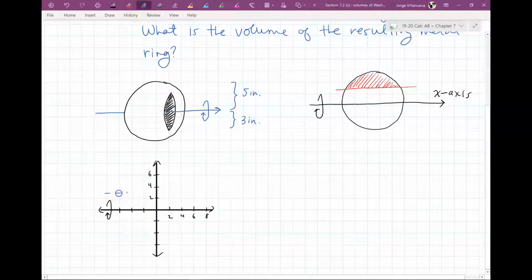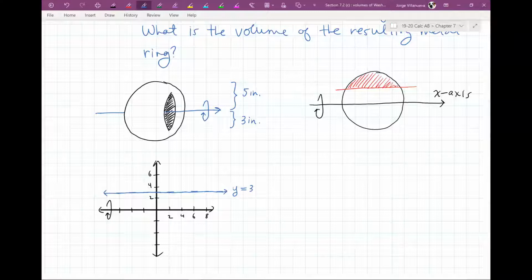So I'm going to have a line right here, y equals 3. Because if I spin that line, and I probably should make it nice and solid because this is not the axis of rotation, if I spin that line around in circles, isn't it going to make a hole that's 6 inches in diameter?